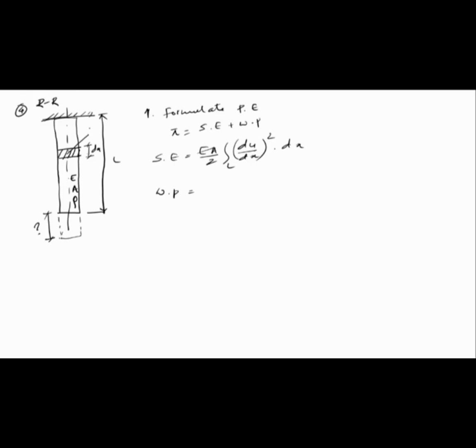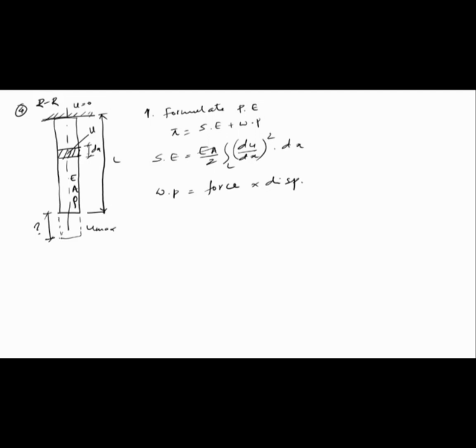As we know, the displacement at the fixed end is 0, and at the free end I have the maximum displacement. Similarly, the displacement at any random distance, I am going to consider as u. So to get the work potential, what is required? I need force into displacement.